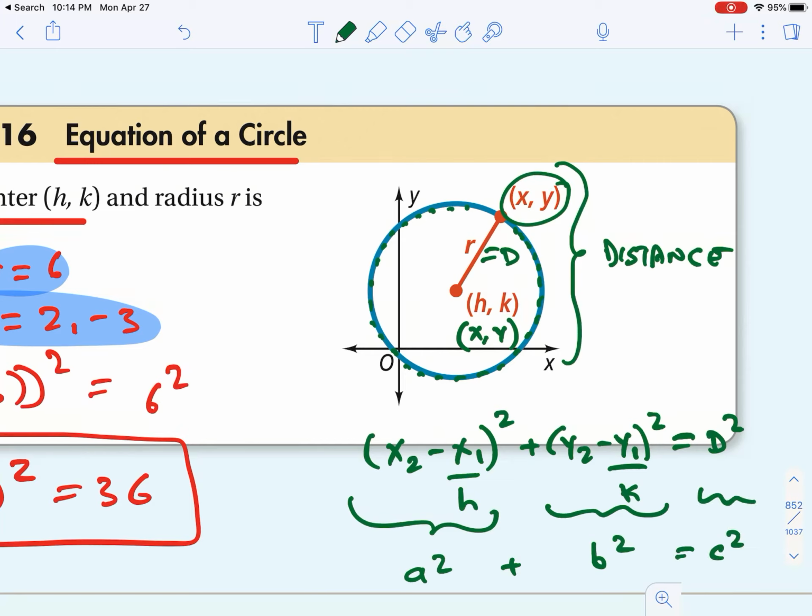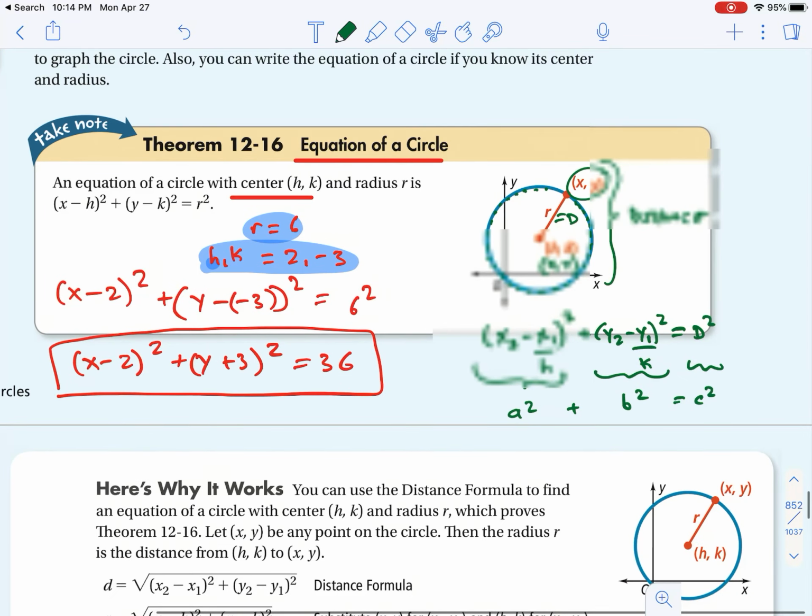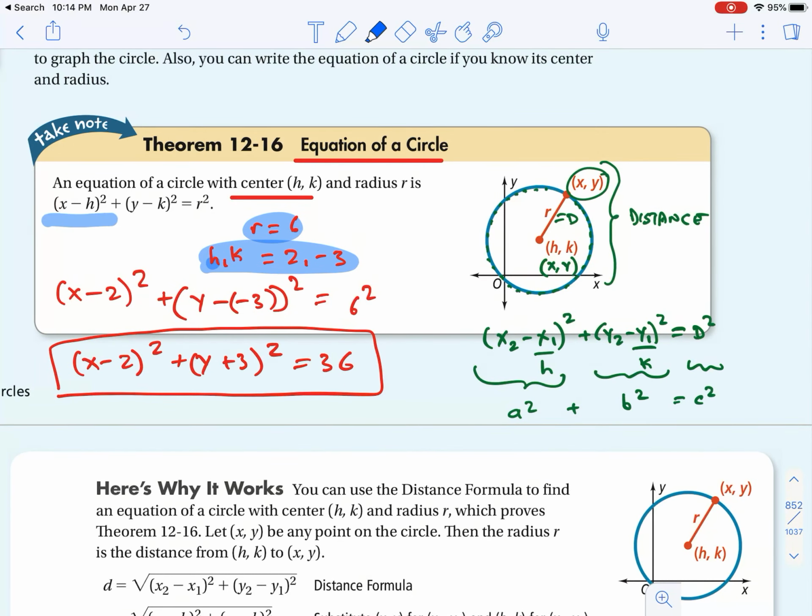So that's where that equation comes from. Keep that in your back pocket. We're going to be reviewing and looking at this equation over and over again. But remember, that's just another version of the distance formula.